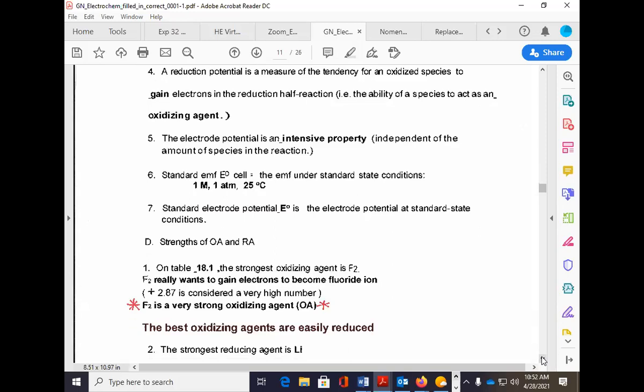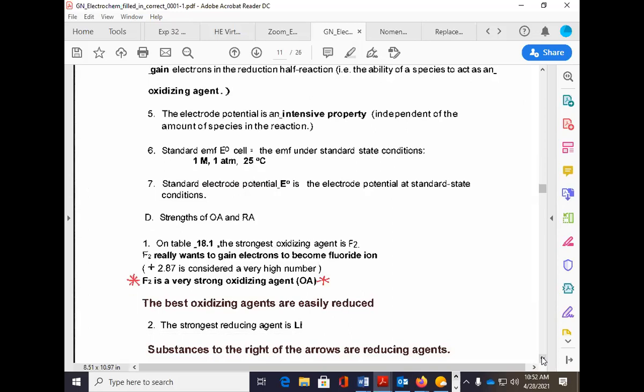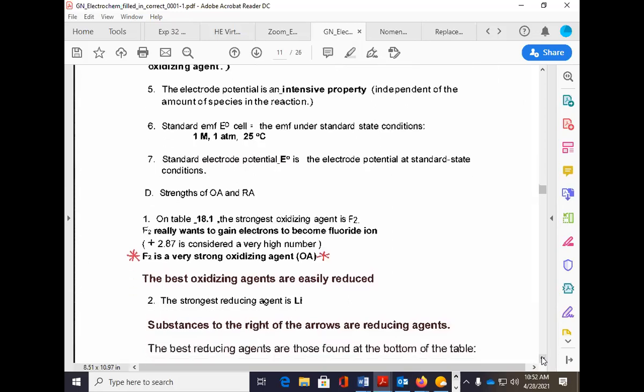Okay, go back and look at the table. And if we're looking at this table, we would see the strongest reducing agent is lithium. The lithium's on the bottom. And the best reducing agents are those found at the bottom of the table.